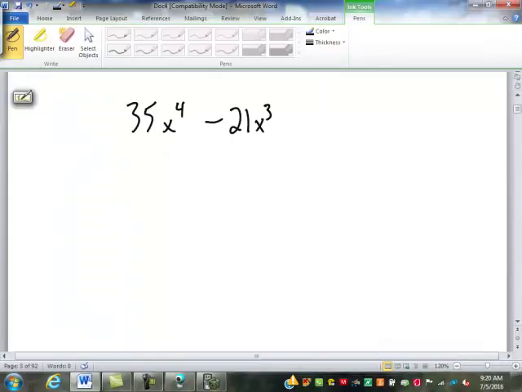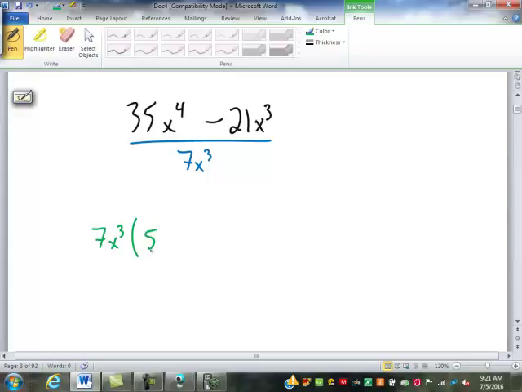What'd you get for your greatest common factor? Seven x to the 3rd, right? How many of you got that for your greatest common factor? Okay. So now we've got to divide that out to see what's left over. 35x to the 4th divided by 7x to the 3rd is 35 divided by 7 is 5.